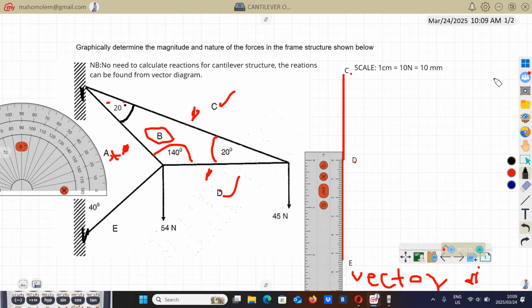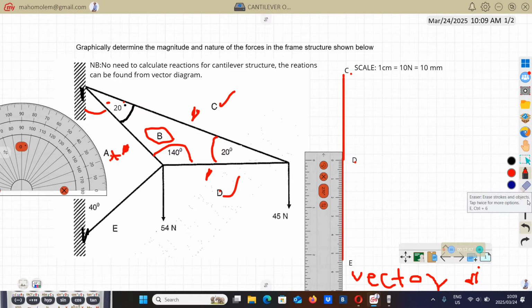Let's find these other angles. Let's find this angle here. I can give it any name.